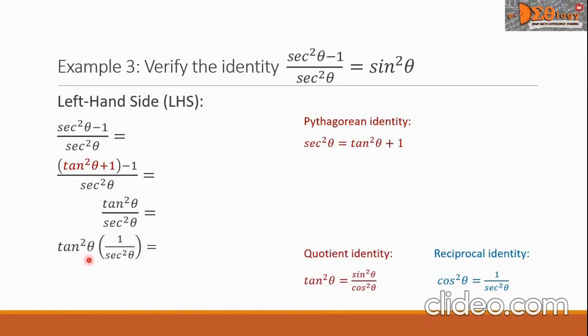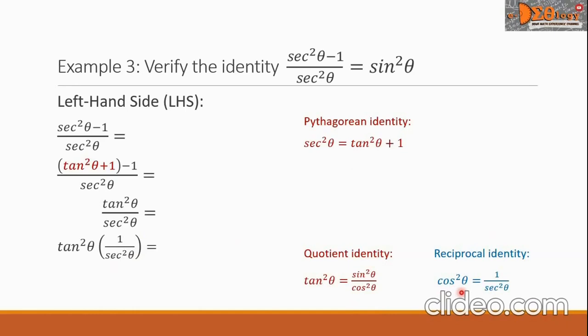The tangent square theta, I can use the quotient identity. It is equal to sine square theta over cosine square theta. While the 1 over secant square theta, I can use the reciprocal identity to show that this value is equal to the cosine square theta.